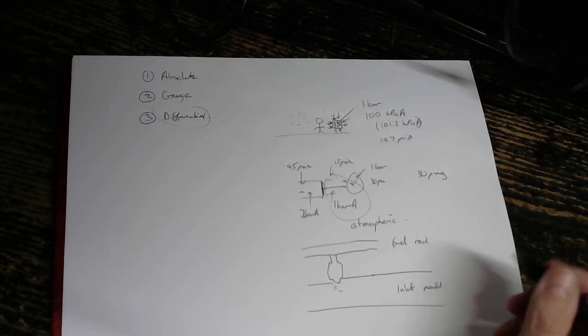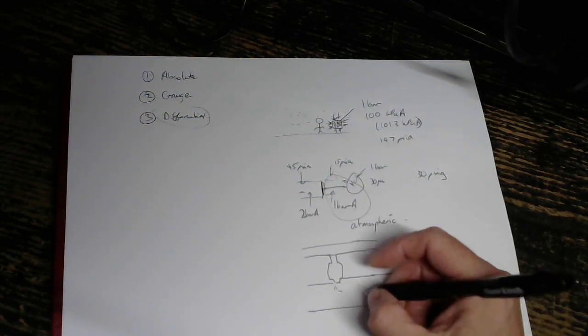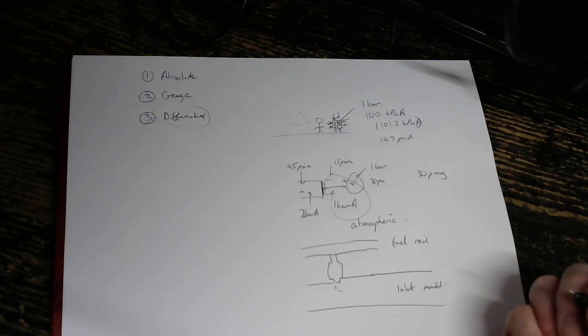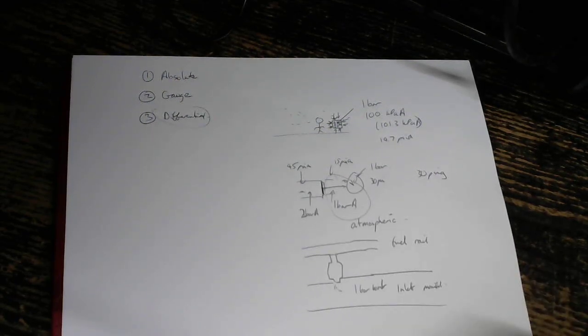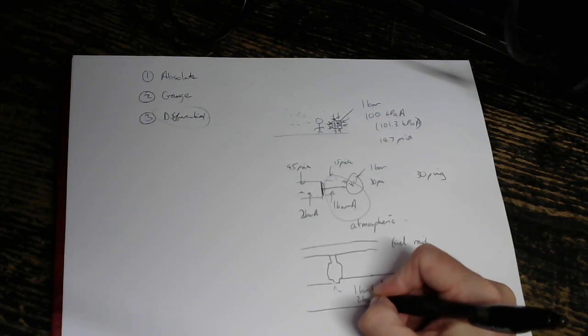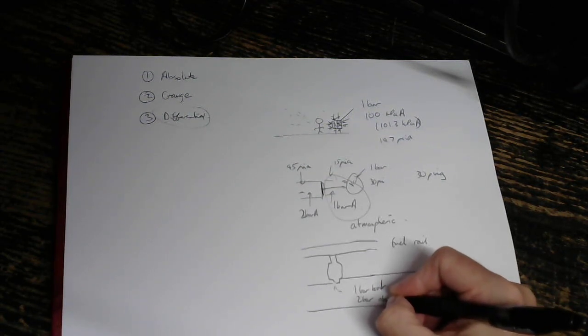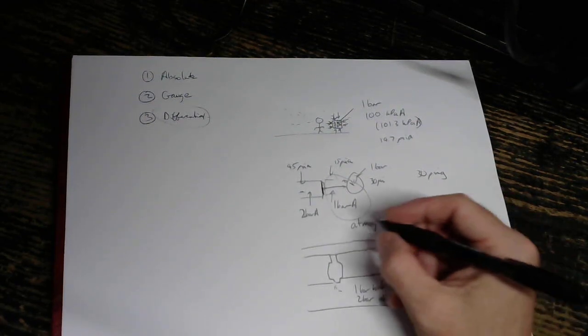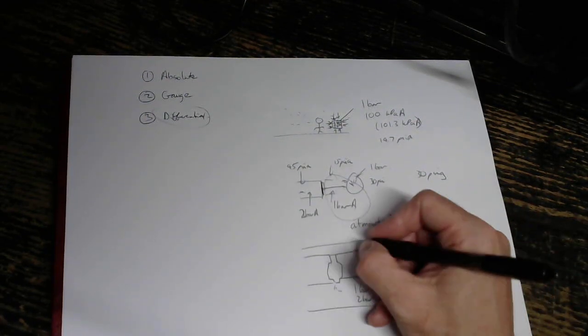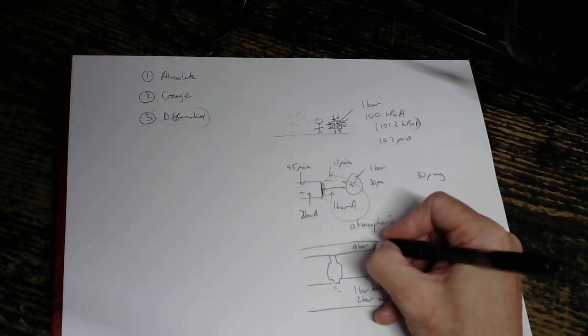So let's say you're at one bar of boost, which means the pressure is 2 bar absolute. And a fuel rail is at, let's say, 4 bar gauge.